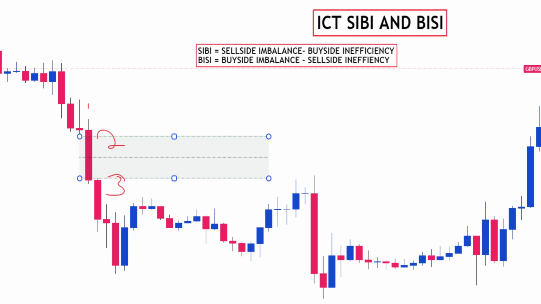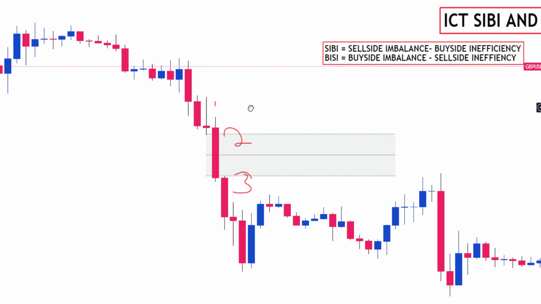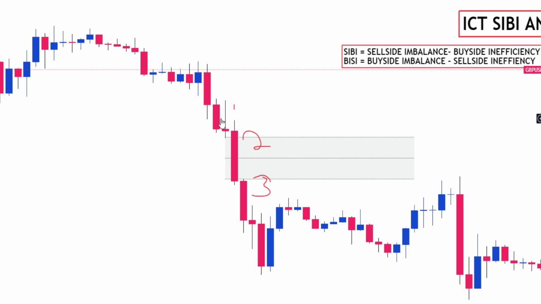Look at this. A classical example of a connected one is this one and this one. 1, 2, 3. You can see that if you are numbering from 1, 2, and this is 3, you will discover that the low of this and the high of this are actually not connected.